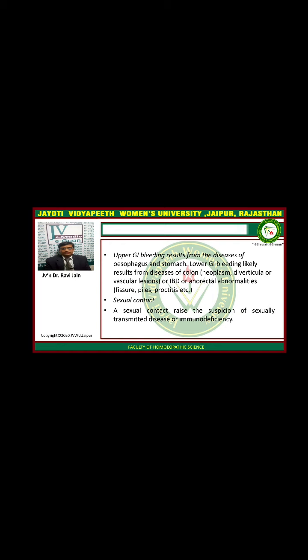Upper gastrointestinal bleeding results from diseases of the esophagus and stomach, whereas lower GI bleeding is likely to result from diseases of the colon, that is neoplasm, diverticular or vascular lesions, or inflammatory bowel disease, or anorectal abnormalities like fissures, piles, proctitis, etc. You also have to inquire about any kind of sexual contact.